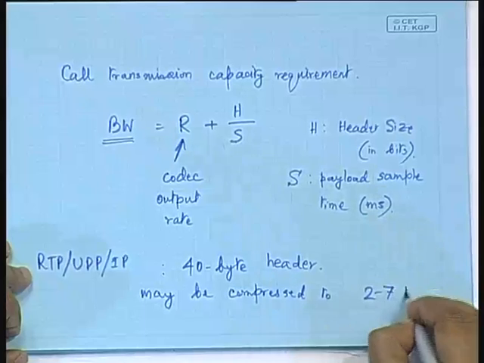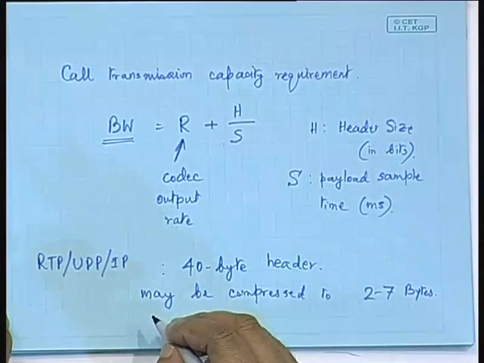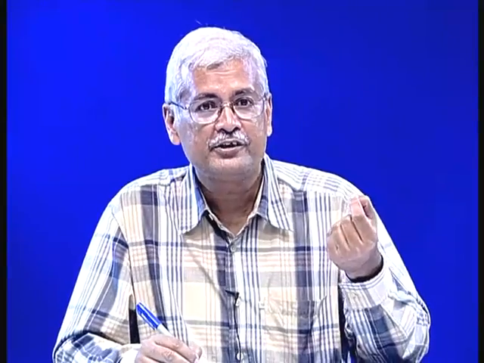But mind you, whenever we are doing header compression, where does that compression have to be done? It is not that if you do the header compression once at the source, you can forget about the rest up to the destination, because it has to be done at every router.